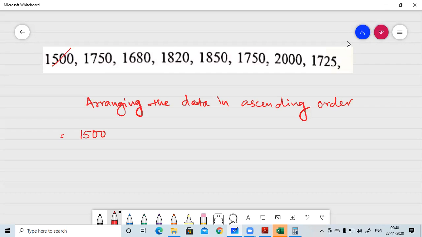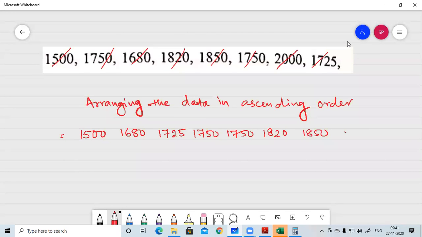Now, which is the next number you see? 1680, followed by 1725. Then we have 1750. It's repeated twice, so you write it twice. And 1820, 1850, and finally 2000.